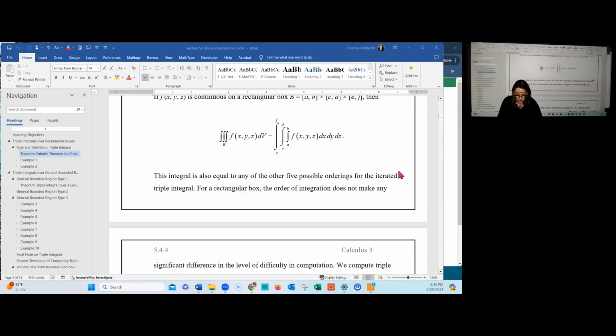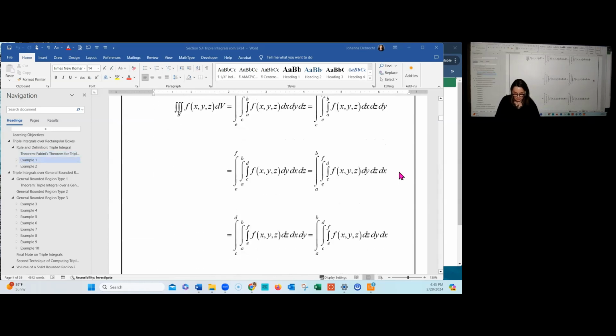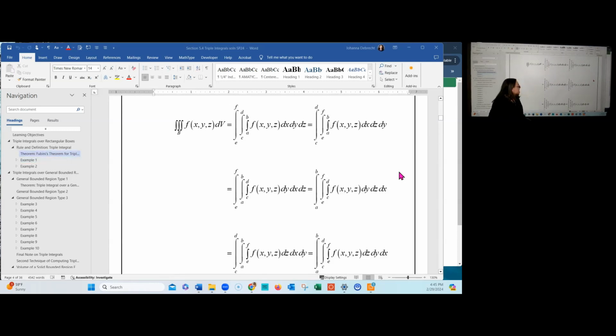In fact, there are actually six different ways of writing this integral. We can write it first with respect to x, then y, then z, or x, then z, then y, or y, then x, then z, y, then z, then x, or any possible permutation.